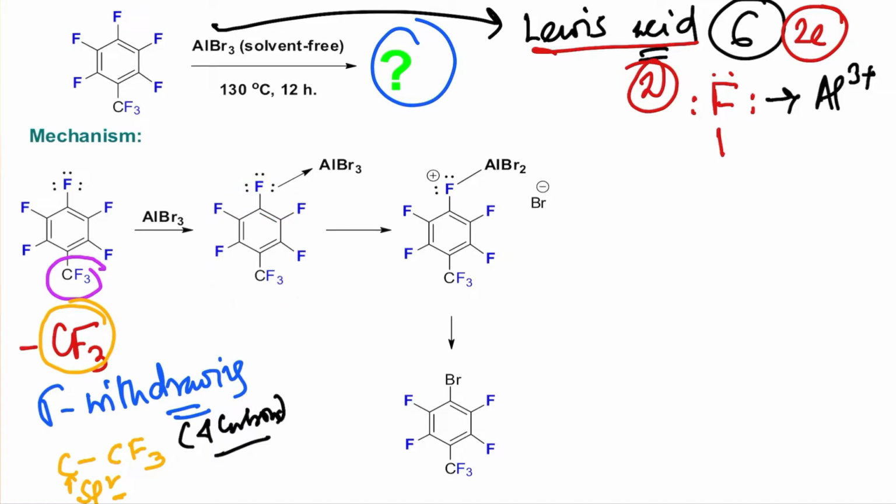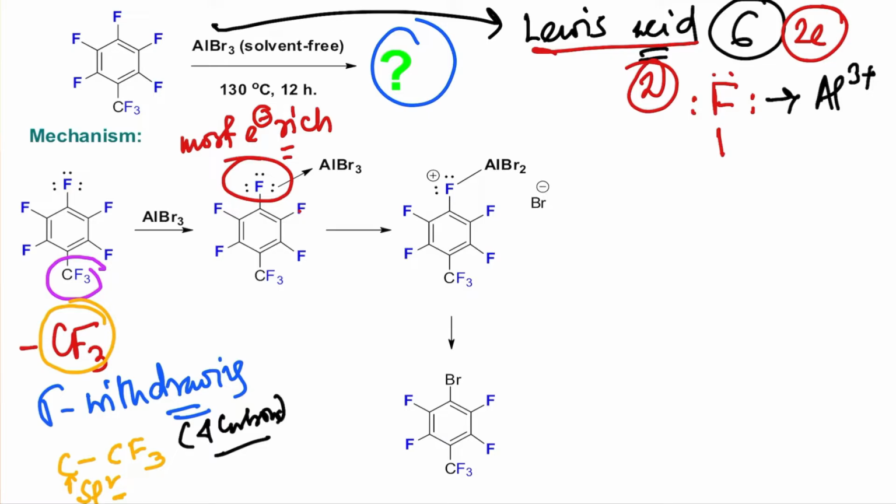Consequently we can say that this fluorine is the most electron rich among these 2 meta and 2 orthofluorines with respect to the CF3 group. Since it is relatively the most electron rich in this molecule, it will prefer to coordinate with this aluminium bromide, which is Lewis acidic.